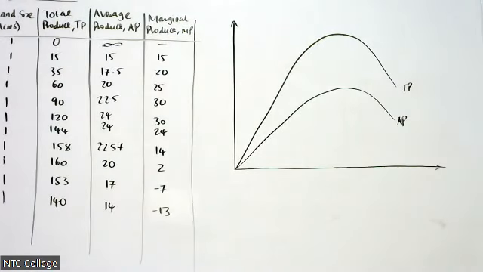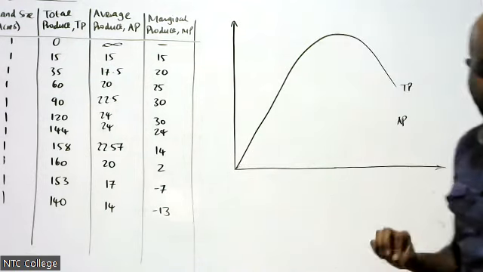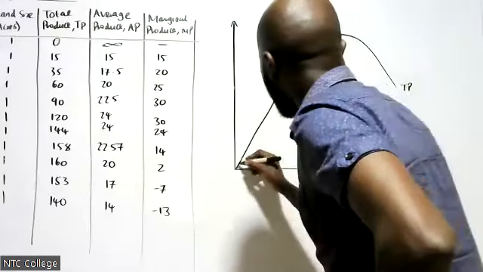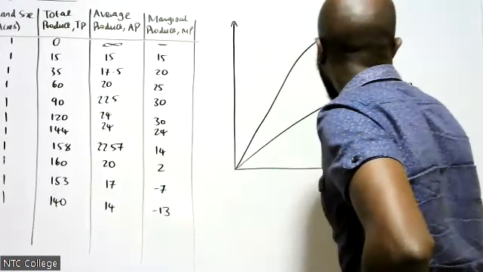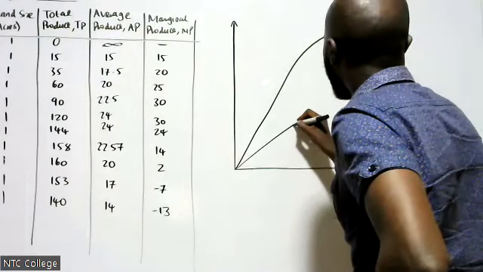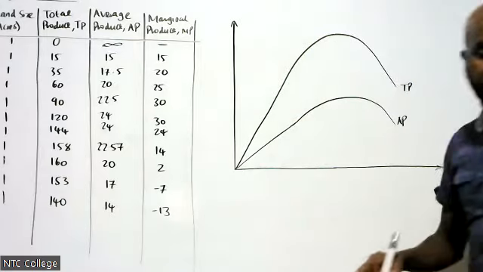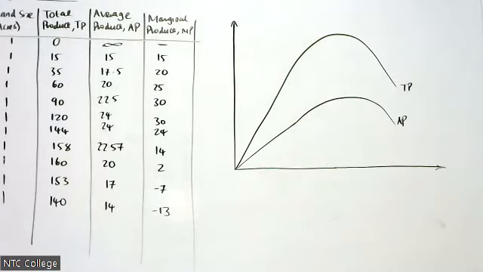That is average product. Marginal product is the one that shows very interesting behavior. Marginal product is first of all in the middle. But this is how these things relate. I can take that to be my curve for average product, that is AP. Just see what I'm doing, and then you'll be able to come up with the diagram.